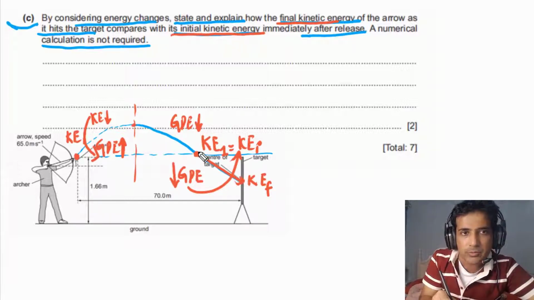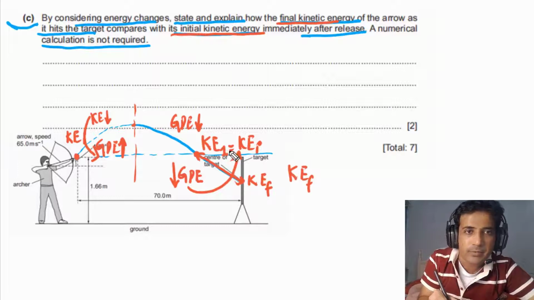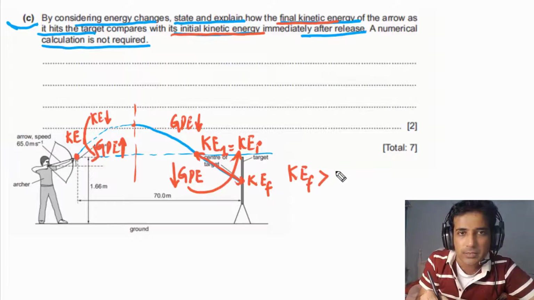In this region, kinetic energy is greater than the initial kinetic energy because gravitational potential energy is decreasing. So simply we can say that if I compare the kinetic energy final with the initial, the kinetic energy final will be greater than the kinetic energy initial.